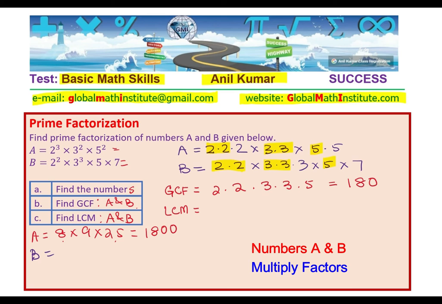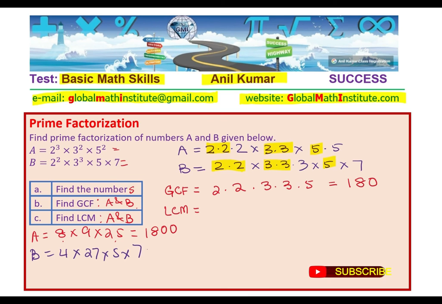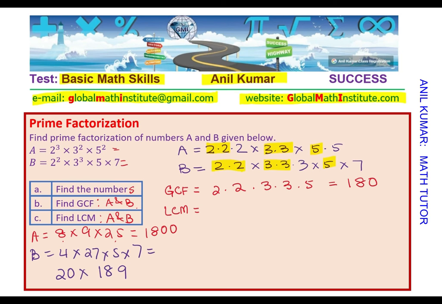So B will be 2 square, which is 4, times 27 times 5 times 7. Slightly more difficult to multiply. You can see that 4 times 5 is 20, so we could write this as 20 times, multiply 7 with 27. 7 times 7 is 49, 9 and then 4. 7 times 2 is 14 and 4 is 18, so 189.